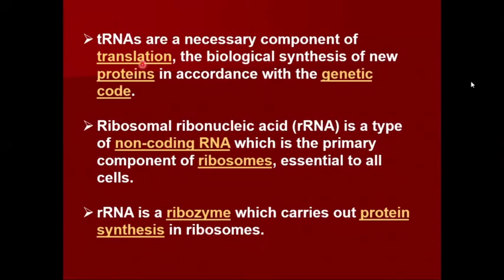So transfer RNAs are necessary components of translation, the biological synthesis of new proteins. And that is in accordance with the genetic code. Okay? The genetic code is made up of three nucleotide residues which make up the codon. I'm referring to the codon here.